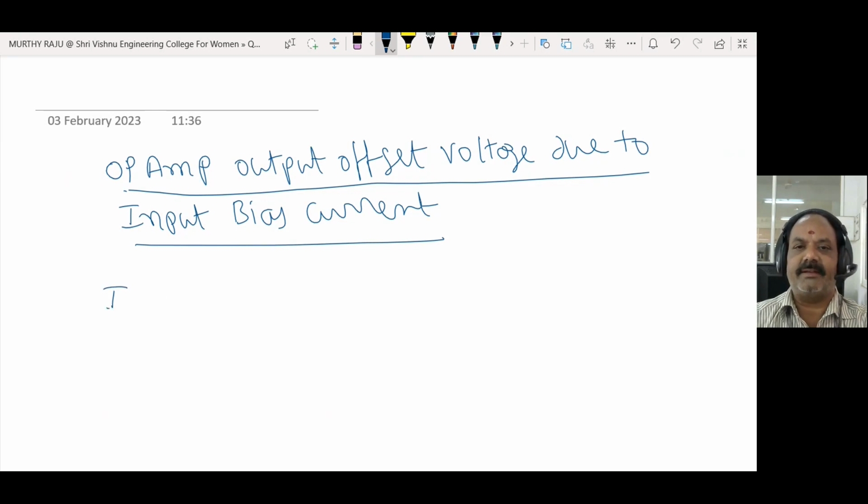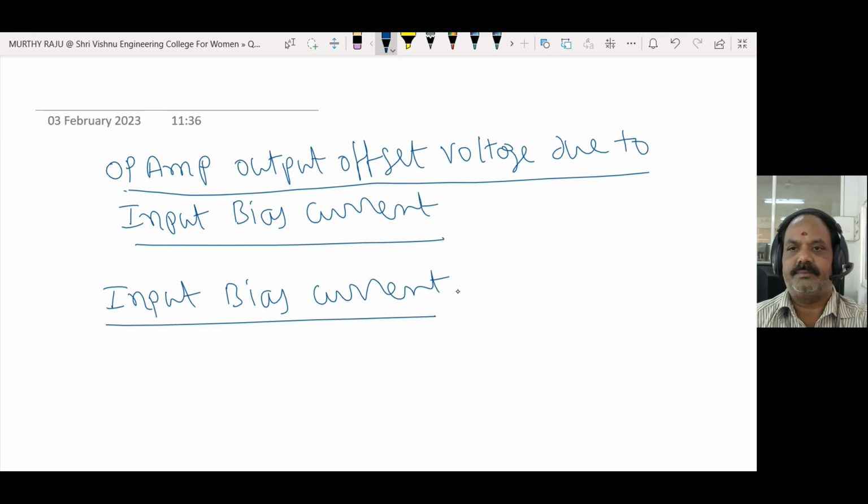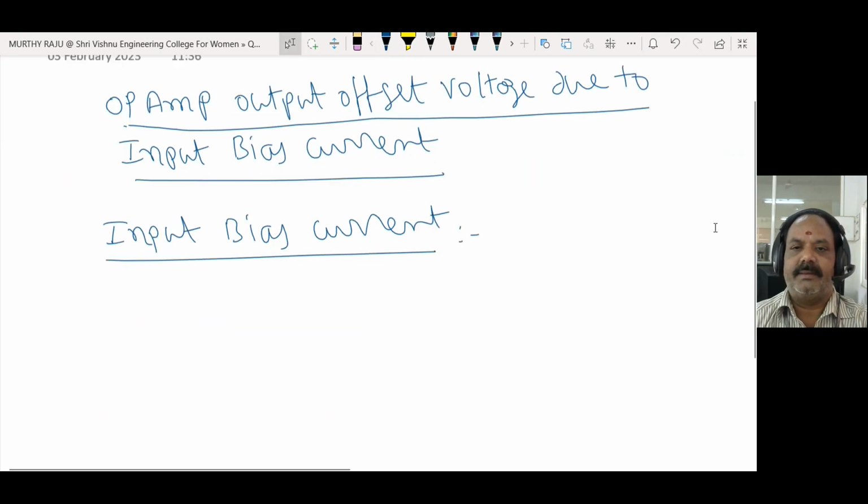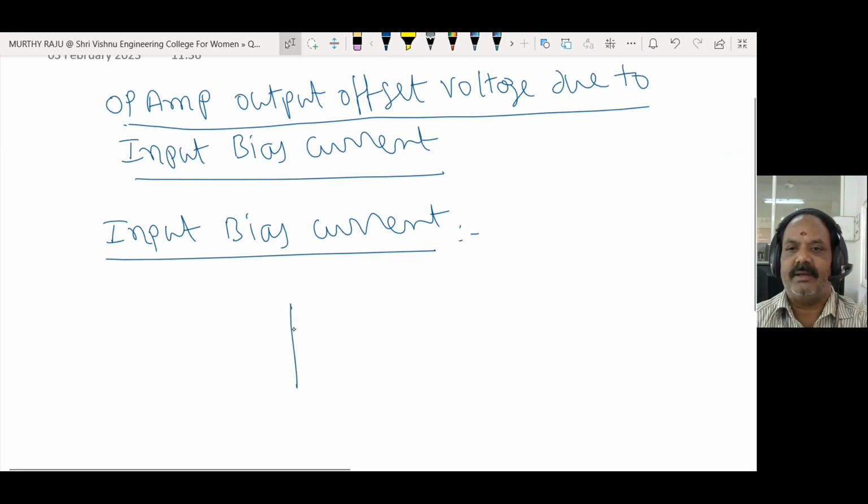Generally, input bias current. An input bias current IB is defined as the average of the two input bias currents. This one is the op amp, inverting terminal and non-inverting terminal.